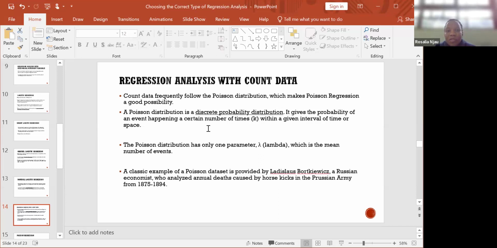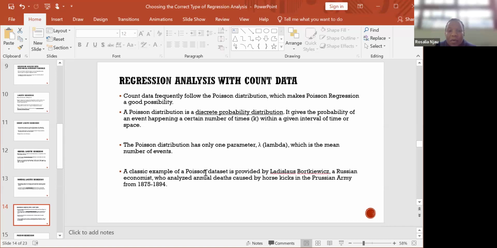A Poisson distribution is a discrete probability distribution. It gives the probability of an event happening a certain number of times within a given interval of time or space. The Poisson distribution has only one parameter, lambda, which is the mean number of events.